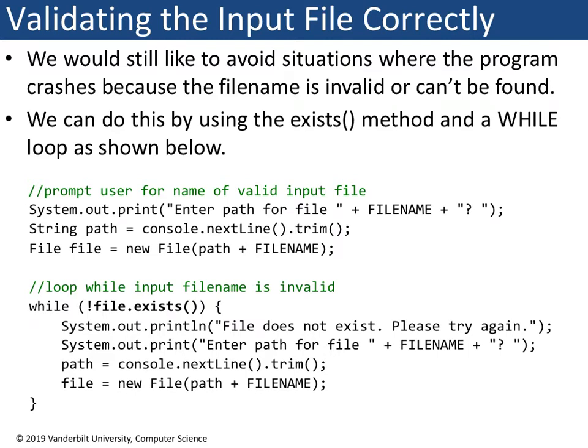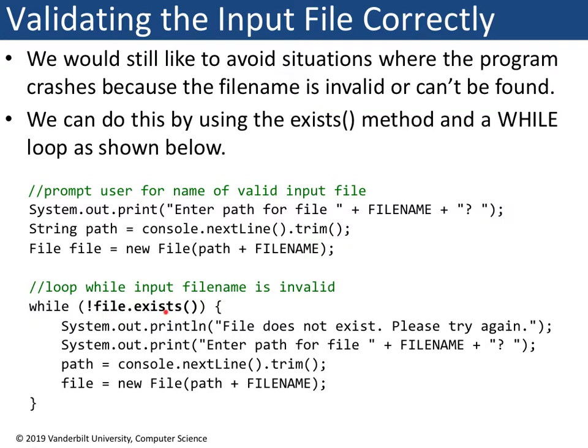Then, inside of a while loop, we're saying if the file doesn't exist, we're using the file object and the exists method, which is a part of the File class, to see if the file exists at whatever path the user typed in and file name.